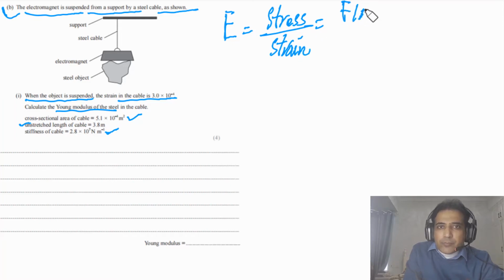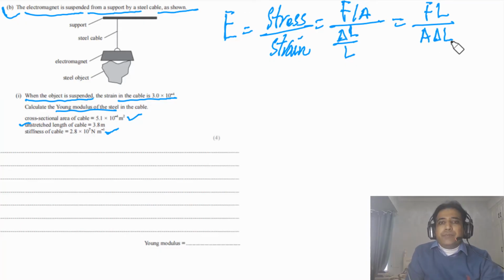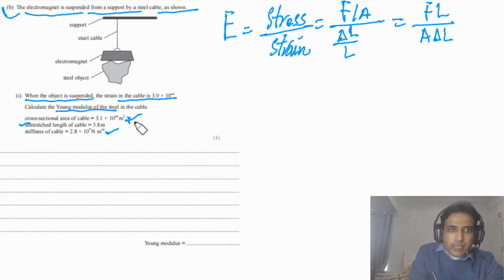Stress is force over cross-sectional area and strain is delta L by L, or we can say delta X by X. I'll be using delta L by L. If we rearrange this, we get F L divided by A times delta L. For this question we have the value of A, we have the value of L, but we don't have the value of delta L, but we have the value of strain.